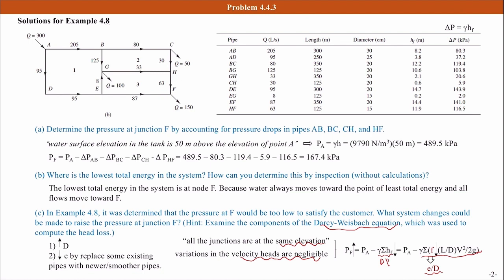We can decrease the roughness or increase the diameters. So to raise the pressure at junction F, we can increase the diameter of the pipe from point A to F, or we can decrease the roughness by replacing some existing pipes with newer or smoother pipes.